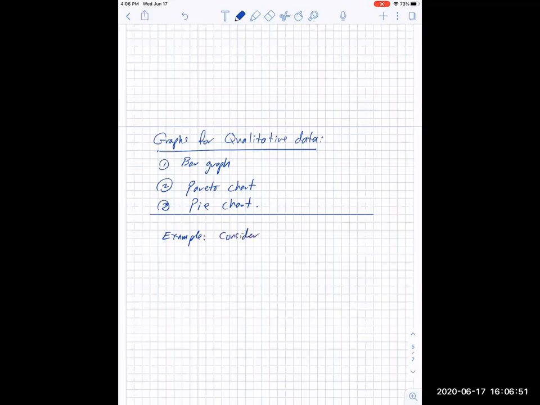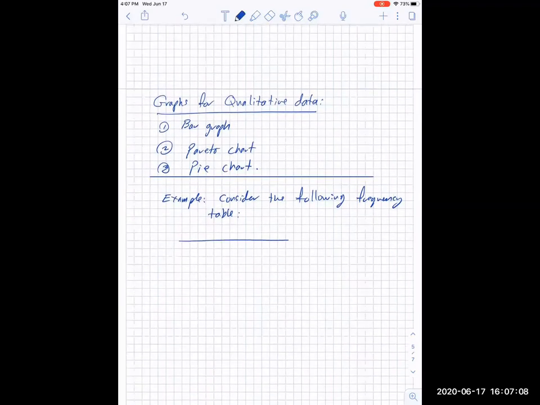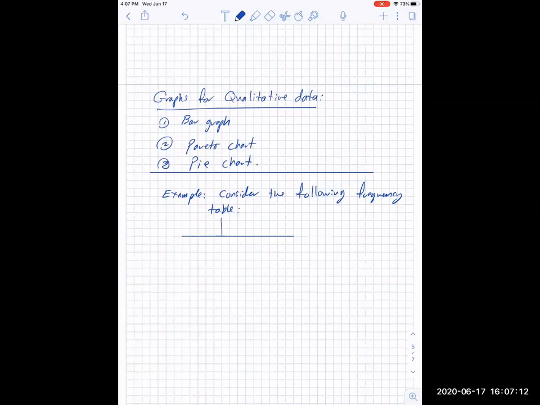Consider the following frequency table. Grade, frequency.